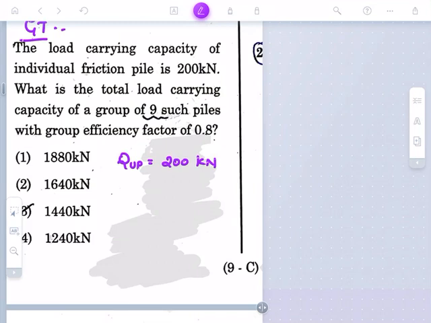What is the total load carrying capacity of the group of 9 such piles? The total number of piles, equal to 9, I'll represent as n, with group efficiency factor. The group efficiency will be equal to 0.80.